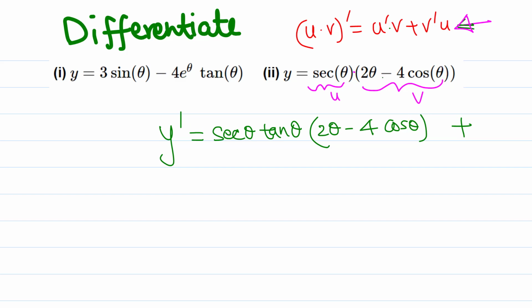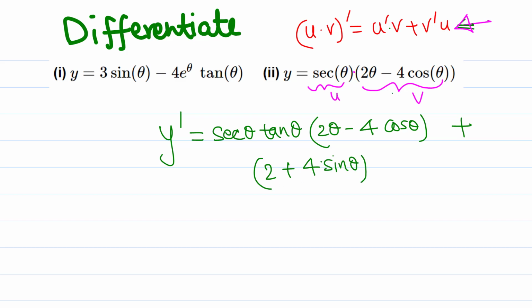Now derivative of this expression, 2 theta minus 4 cosine theta. When we find its derivative, derivative of 2 theta is just 2, it's like 2x, so it's 2, minus 4 cosine theta. 4 is 4 times derivative of cosine, that's negative sine, and that negative is going to make this minus, plus sine theta.